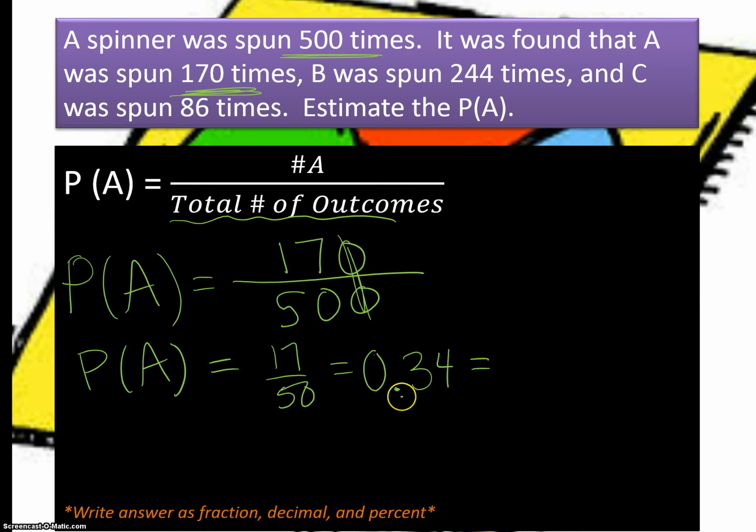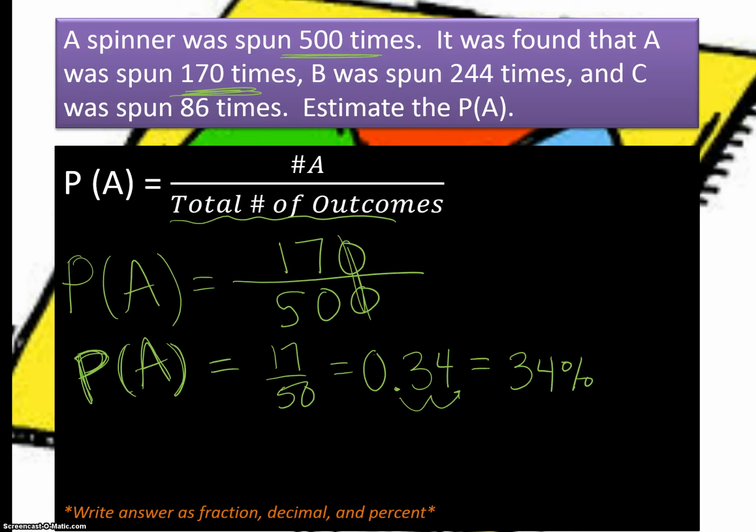To convert a decimal to a percent again, just move it 2 spots to the right because percent means out of 100. So we move it 2 place values when you multiply by 100, and you get 34%. So your chance or your probability of A in this experiment was 17/50, 34 hundredths, or 34%.